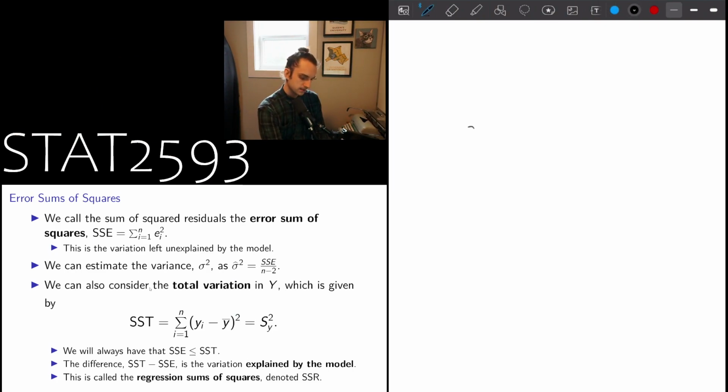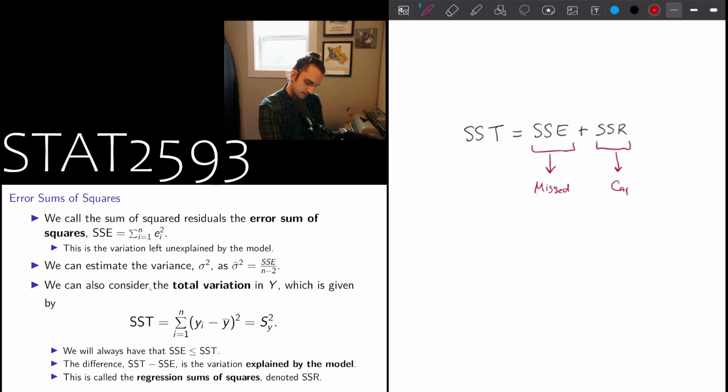The total sum of squares, SST, is given by the error sum of squares, which is what's missed by the model, plus the sum of squares from regression, which is what's captured by the model.